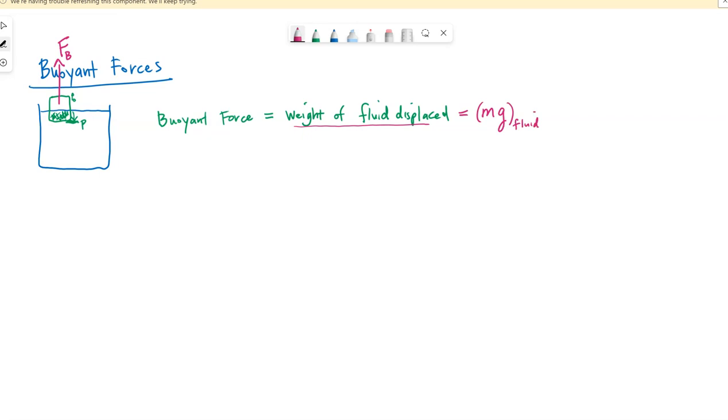All right, now there's going to be two ways to look at problems. If I look at just this block, there's an upward buoyancy force, but I know the block is not actually accelerating upwards. The block is also experiencing its own mg. So mg of the block.